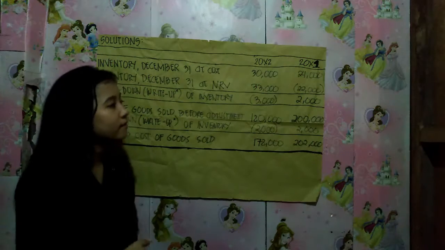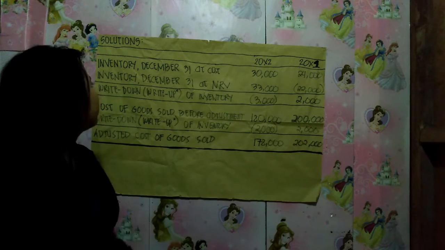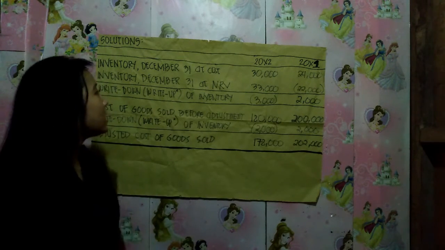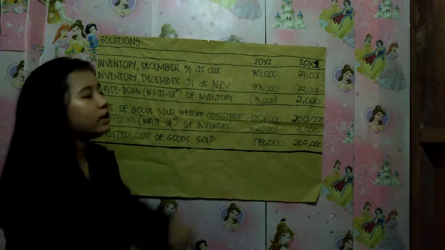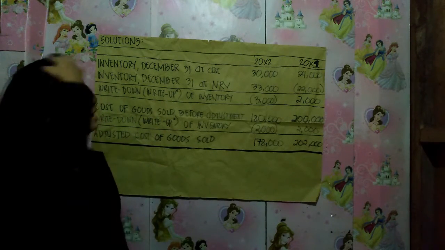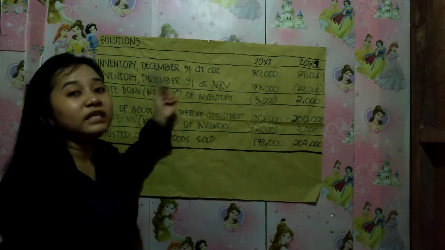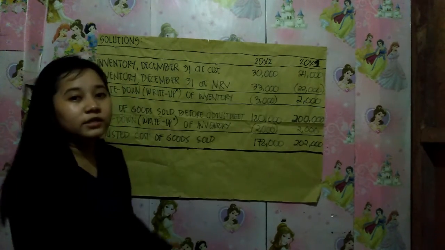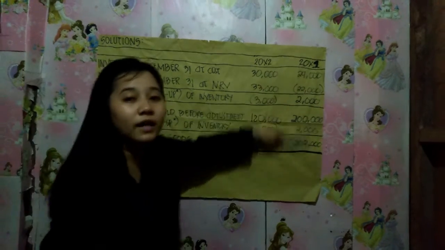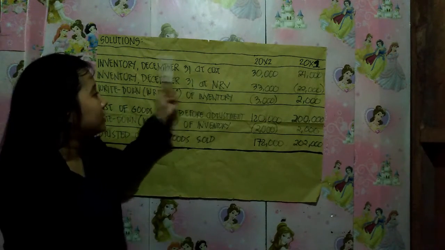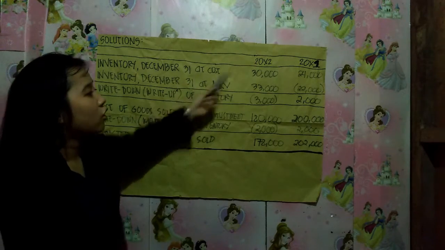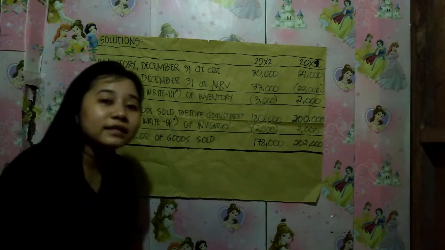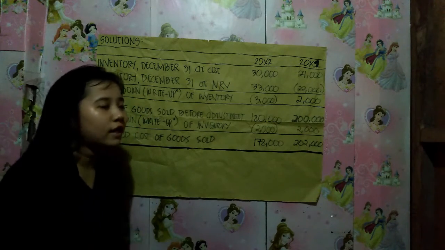Number 15, this is the solution. First, inventory December 31 at cost and inventory December 31 at NRV. These two are already given in the information provided. Disregard the 20x2, because we are looking for 20x1. So, the December 31 inventory at cost is 24,000, then the inventory at December 31 at NRV is 22,000.